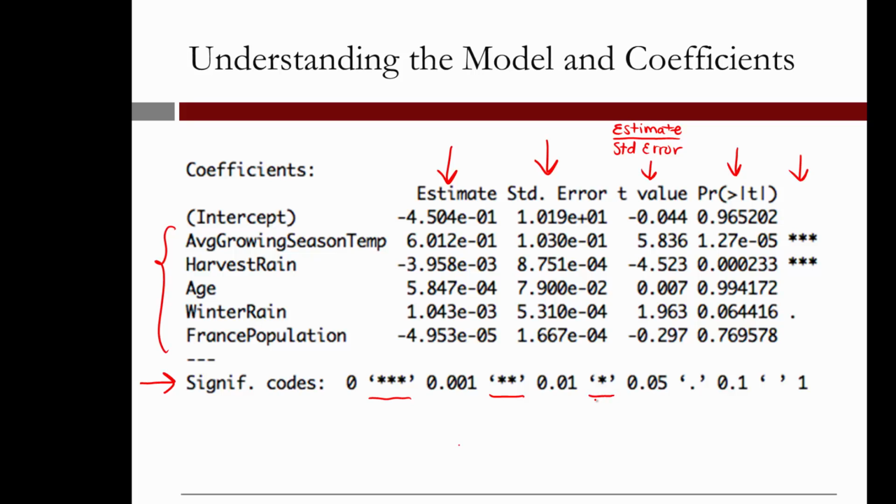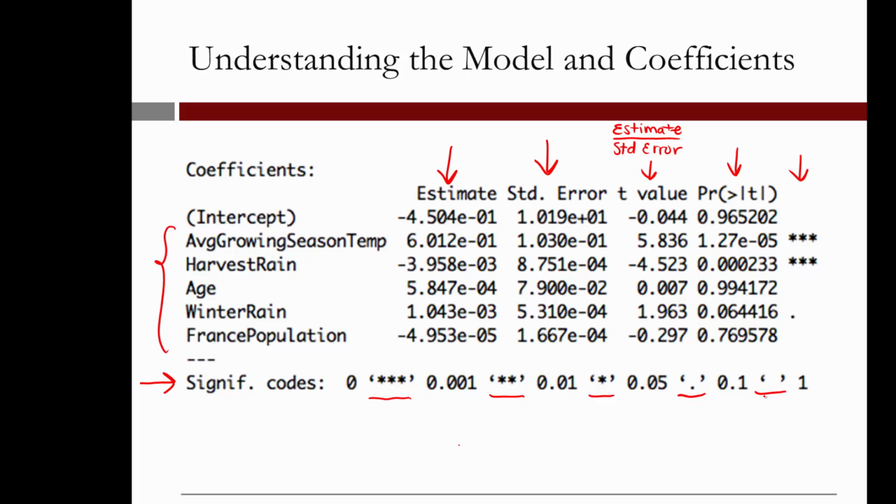1 star is still significant and corresponds to a probability between 0.01 and 0.05. A period or dot means that the coefficient is almost significant and corresponds to a probability between 0.05 and 0.1. When we ask you to list the significant variables in a problem, we will usually not include these.